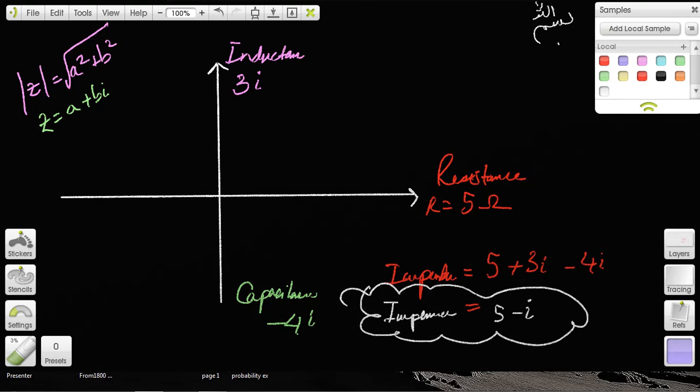Then we talked about how resistance, whose symbol is this, is graphed on the x-axis. The inductance, whose symbol is this, is graphed on the positive y-axis, and capacitance, whose symbol is this, is graphed on the negative y-axis, and we used vector addition to get the total impedance.